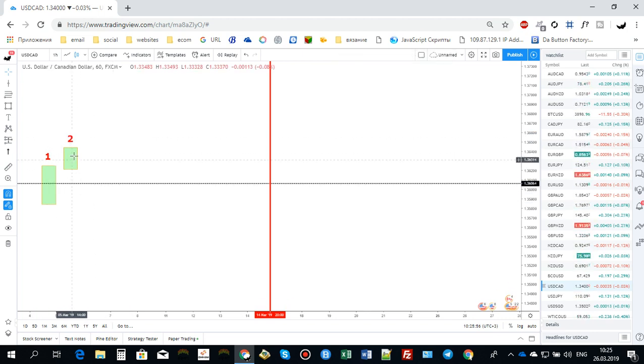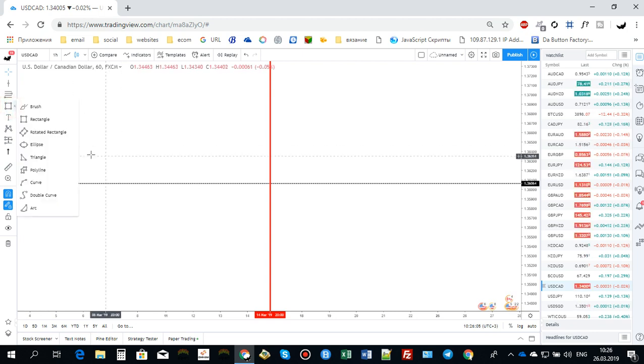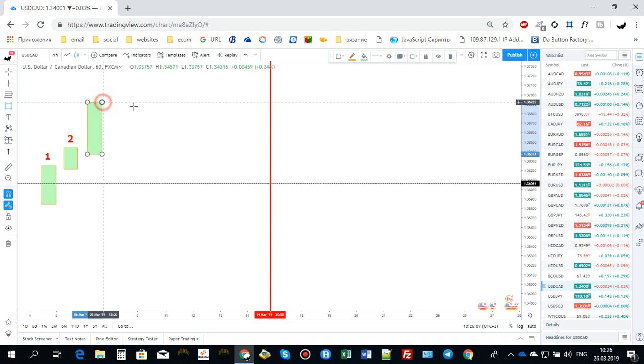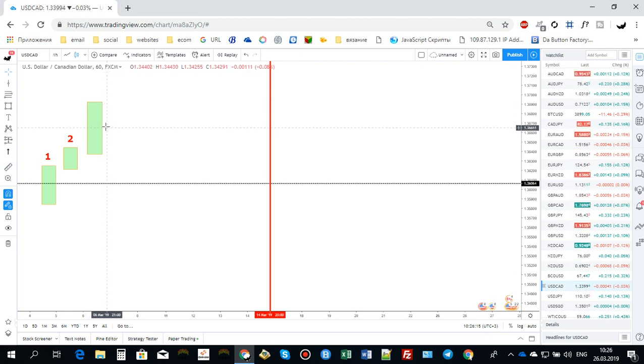Okay, so these two criteria, if they are met, we have a valid breakout. After that, we can have this price action to the upside, and in this case it is called a true breakout. Or we can have this price action.